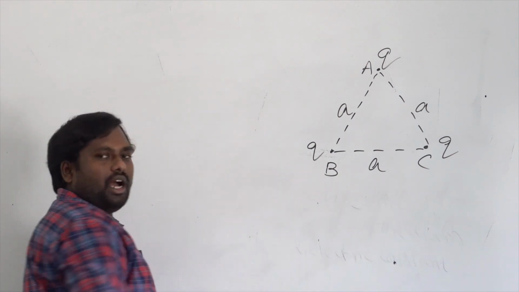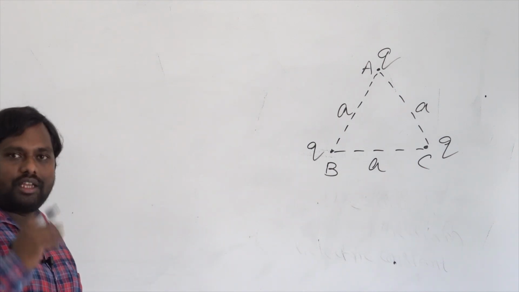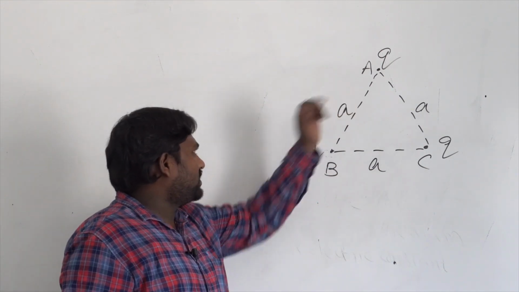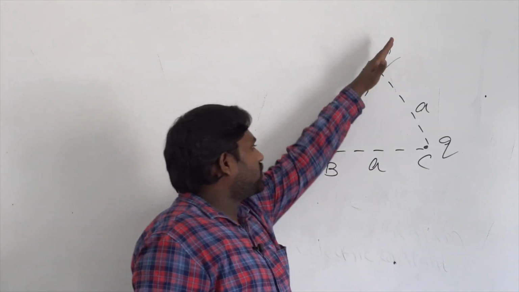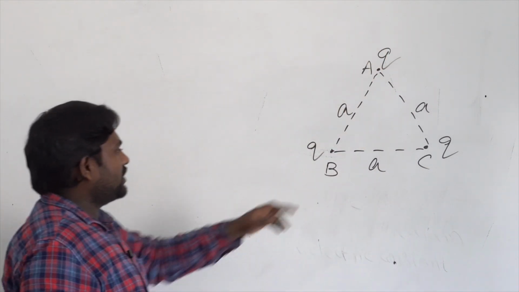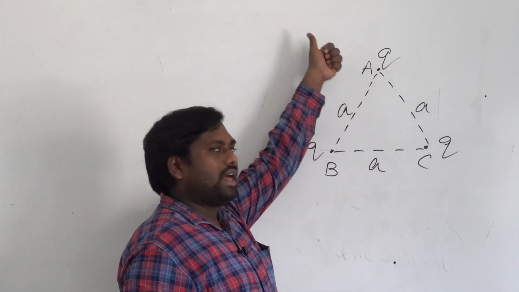I want to see how much force the particle A is experiencing. You know that B exerts a force on A in this direction because they are like charges, they repel each other, and C also exerts a force on A in this direction.